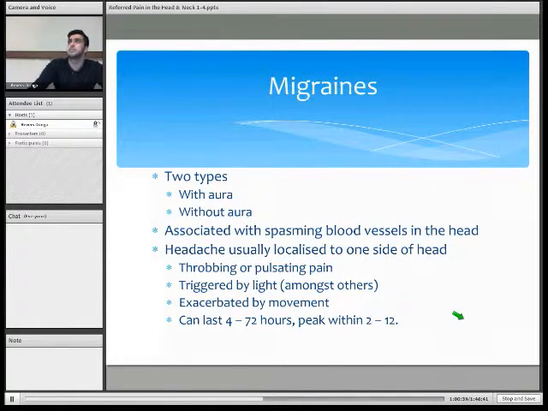We really struggled to find an actual scientific basis for a lot of the stuff we had to cover. But one of the papers we read said that it was because of spasming blood vessels in the head, and the pain would be localized on one side as opposed to both, but we're unsure why people get it and the actual proven mechanism as to why it occurs.